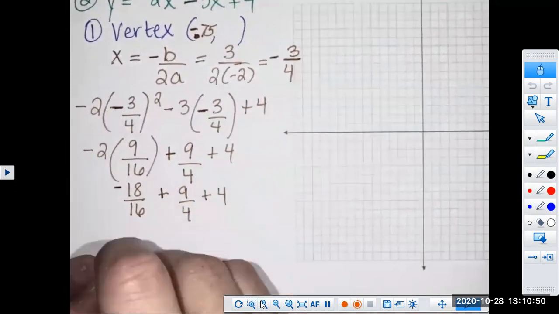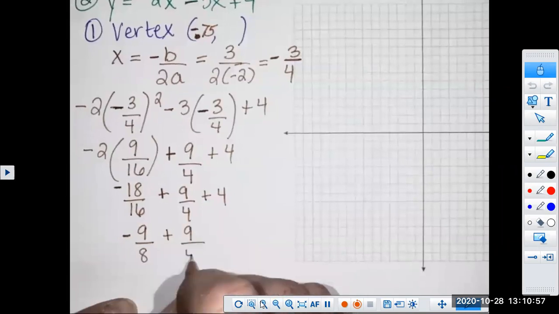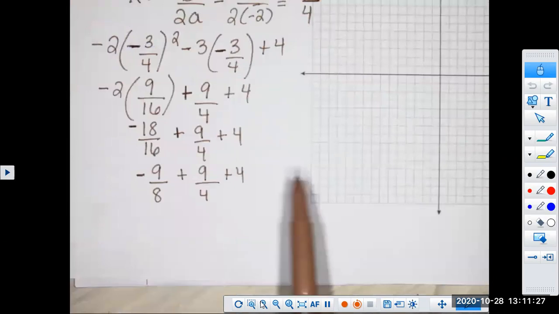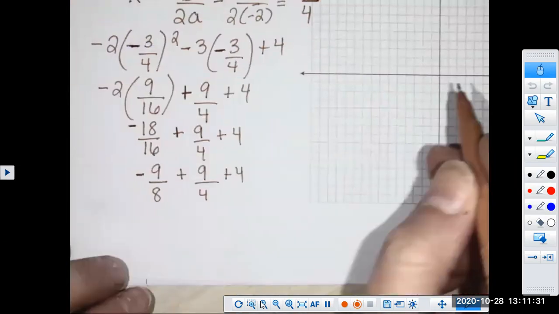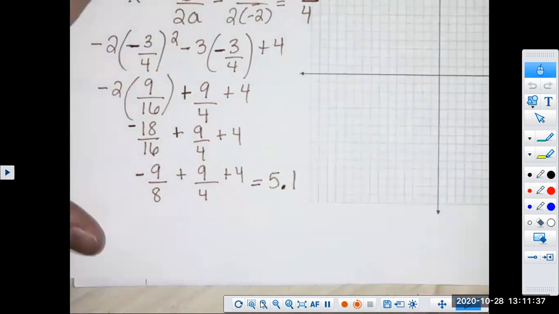It will reduce to negative 9 over 8. All right, when you type this in, because we're going to convert it to decimal anyway, you get 5.125. So all that comes out to 5.1.